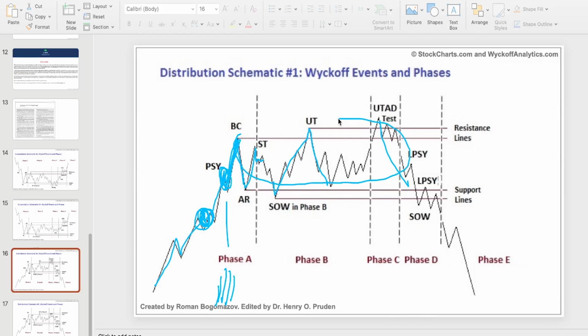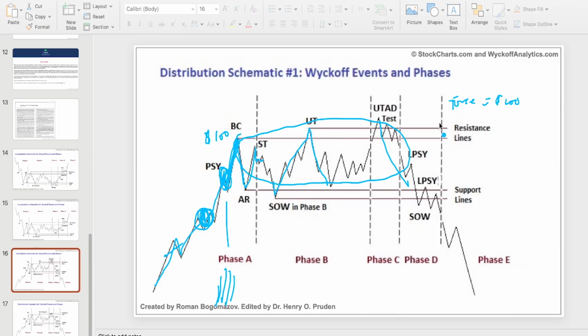When they've distributed all the positions they're holding from the previous accumulation, there's not going to be enough force to keep the market at the current price. Let's say price is $100 and hovering around $100 to $80. There's not going to be enough force to keep price at $100.